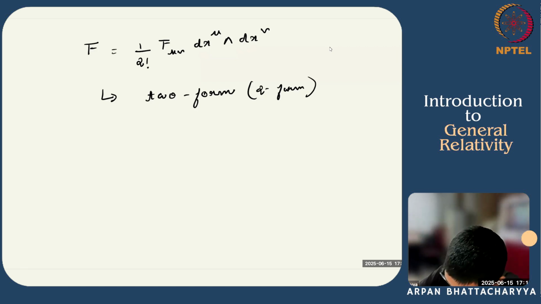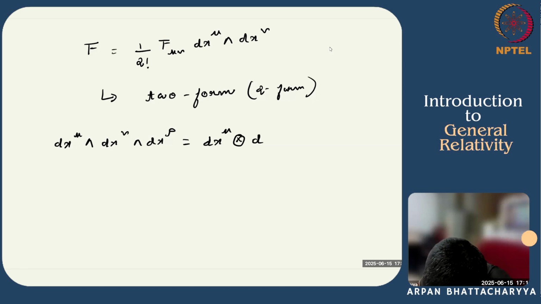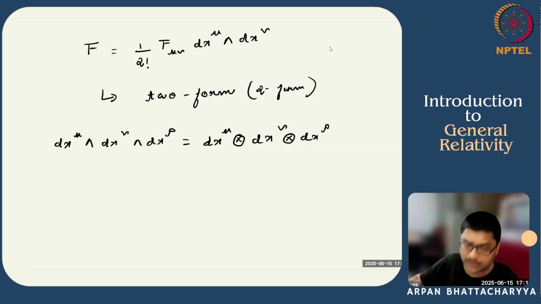Now we can generalize it for three basis elements. Let's say we take dx^mu wedge dx^nu wedge dx^rho and write down the antisymmetrized combination of them. What will be there? One term will be dx^mu tensor product dx^nu dx^rho, and all the cyclic combinations will come with a plus sign.